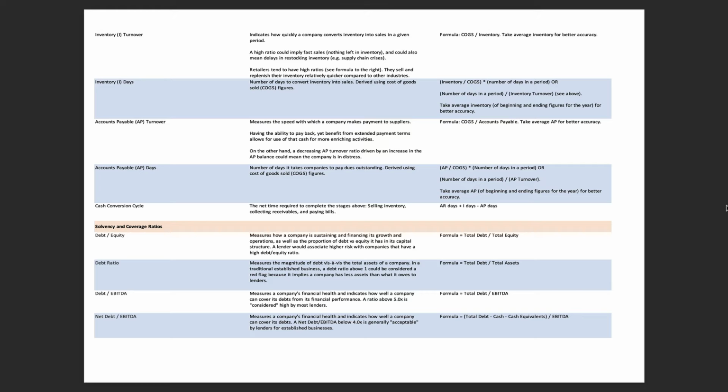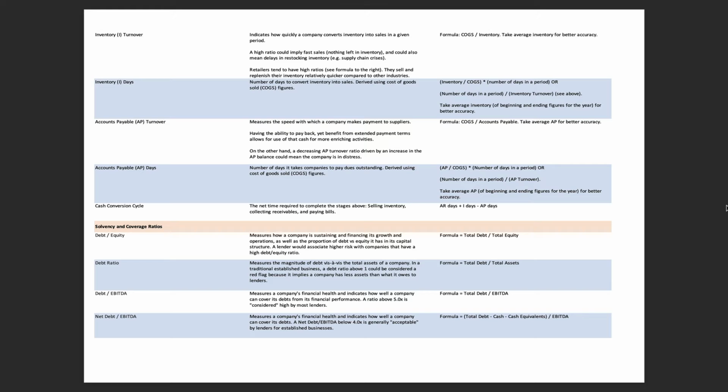Then the cash conversion cycle would be 20 days for accounts receivable plus 15 days for inventory days minus 30 days for accounts payable. So 20 plus 15 minus 30. So 35 minus 30. So the cash conversion cycle would be 5 days.